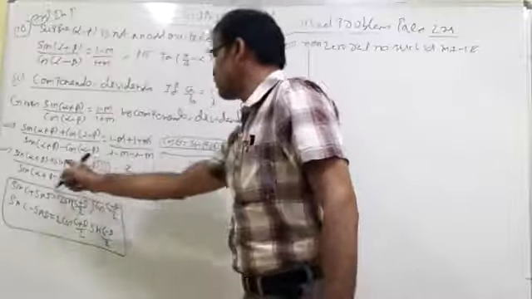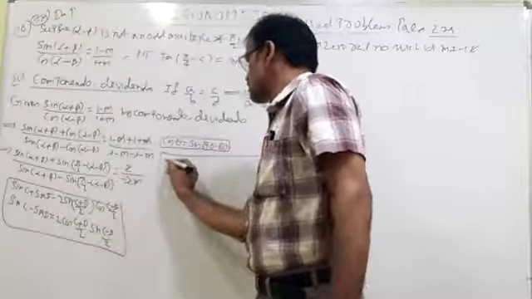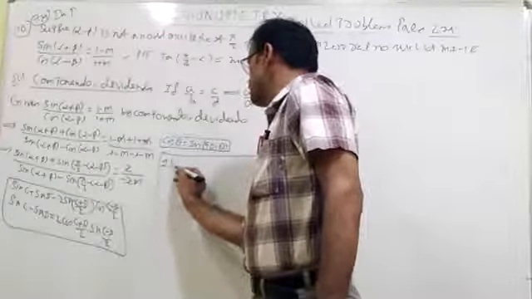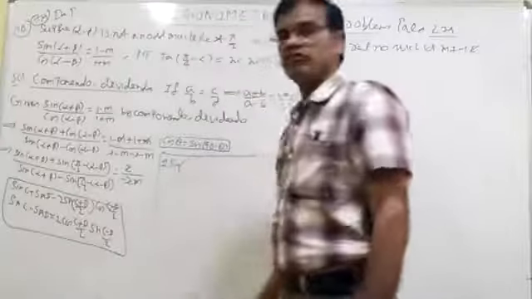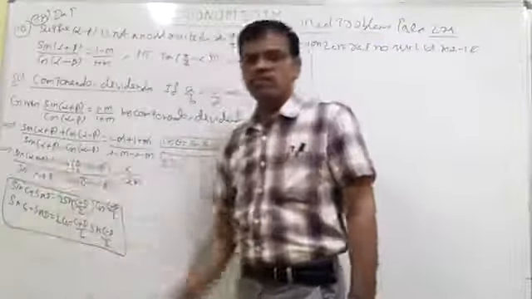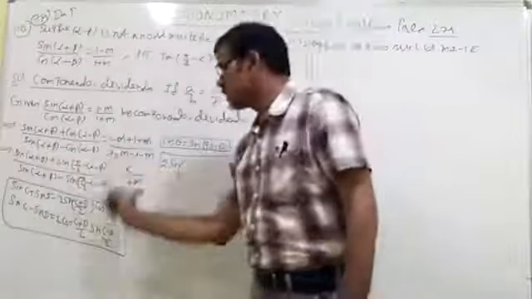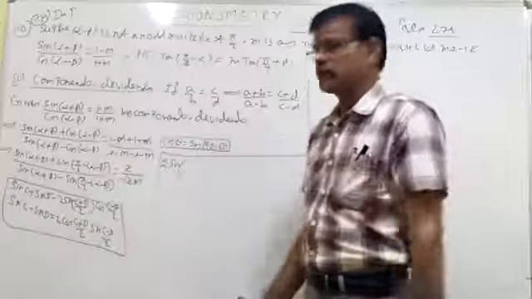I am writing the continuation part here, students. Try to understand. 2 sin of c plus d by 2, where c means alpha plus beta and d means pi by 2 minus of alpha minus beta.